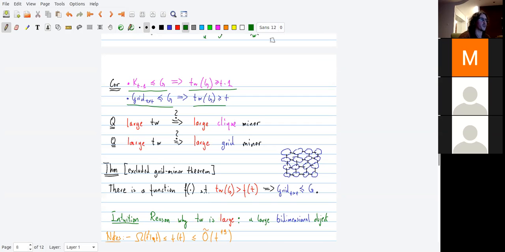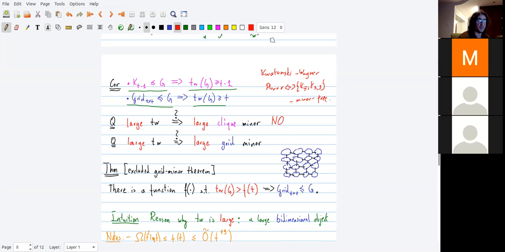So the answer to the first question is actually no. I may have graphs of very large treewidth and no K5 as a minor. And this is because of the Kuratowski-Wagner theorem, which says that planar graphs are exactly the graphs that do not contain K5 or the biclique K3,3 as a minor.